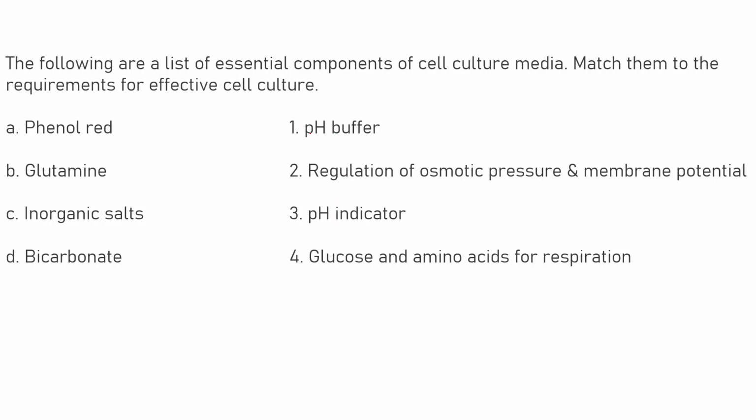So a pH buffer will be done by bicarbonate, as I explained in the previous slide. So here bicarbonate will be used for a pH buffering system. Regulation of osmotic pressure and membrane potential will be done by inorganic salts. pH indicator will be phenol red.